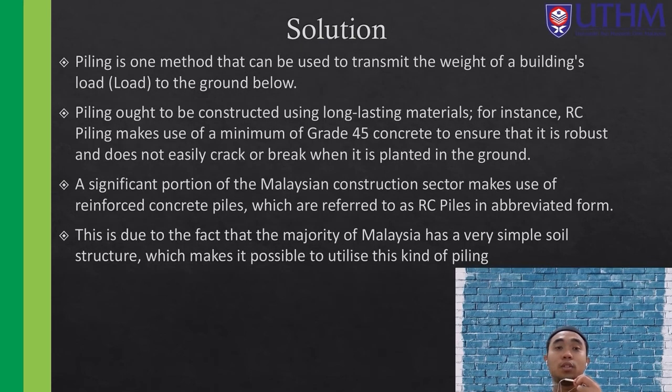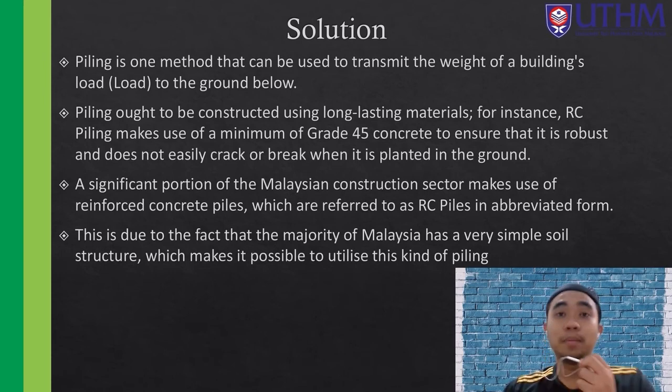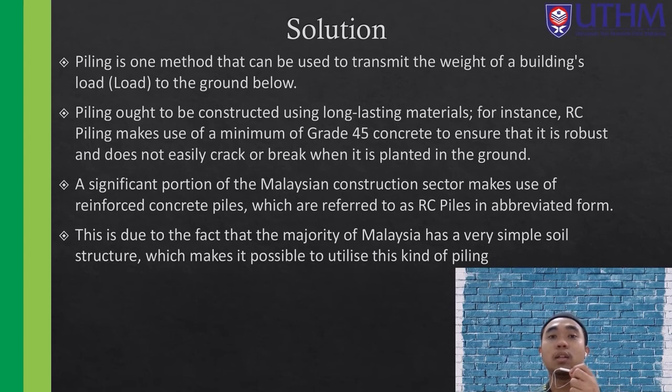The solution for the problem, number one, is piling, one method that can be used to transmit the weight of a building's load to the ground below. Second, piling ought to be constructed using long-lasting materials. For instance, RC piling makes use of a minimum of grade 45 concrete to ensure that it is robust and does not easily crack or break when it is planted in the ground.